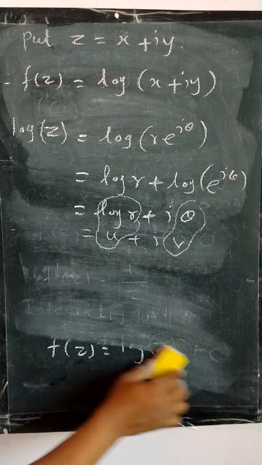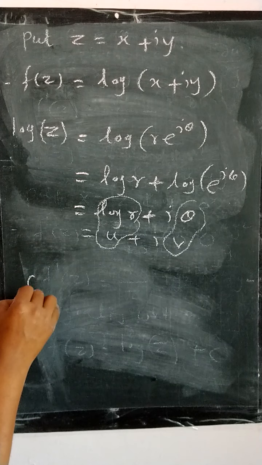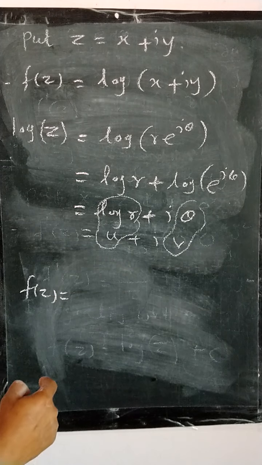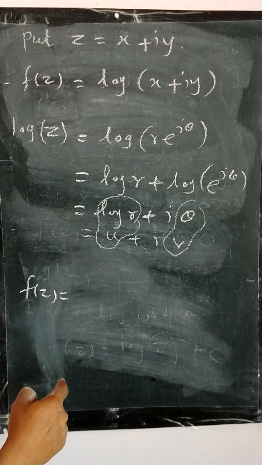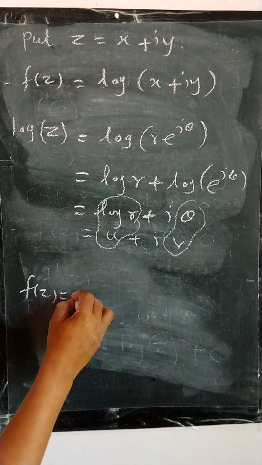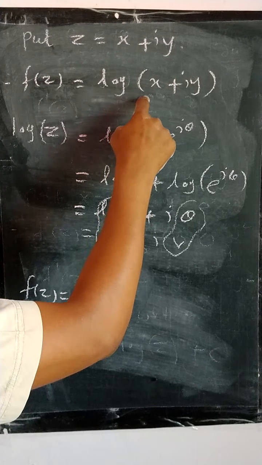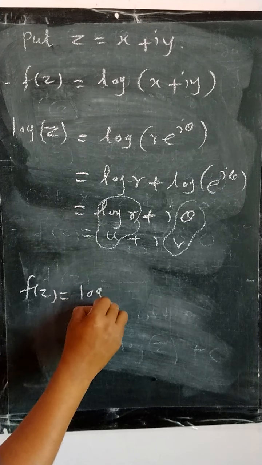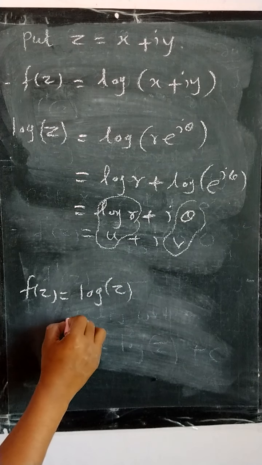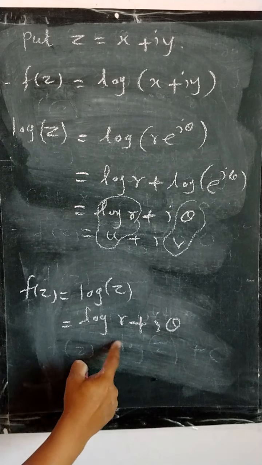So therefore here f of z will be equal to, suppose z is equal to x plus iy, then log of z we are having, so that is log of r plus I theta, using this.